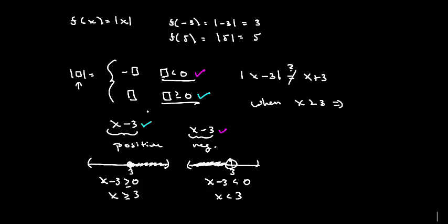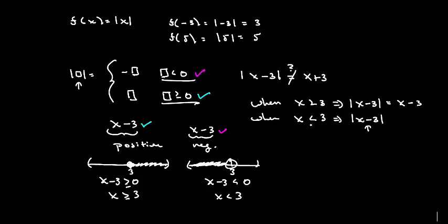then the absolute value of x minus 3, that means this guy's positive, so it goes into here and we just get x minus 3 out. When x is less than 3, then the absolute value of x minus 3, this guy in here is negative, right?